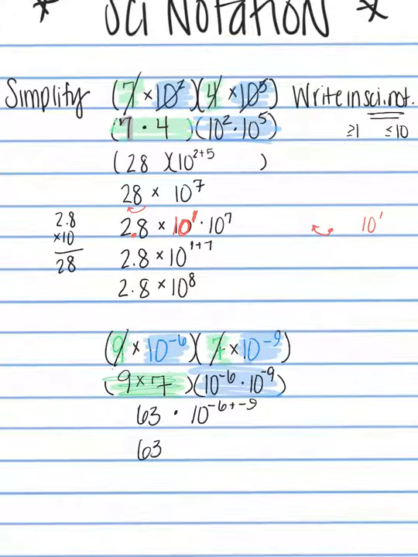Well, 10 to the negative 6 plus the negative 9th is 10 to the negative 15th. But we're not done. I want to write it in scientific notation, and scientific notation has to be between 1 and 10. I've got 63. That's not in between 1 and 10. So I'm going to end up needing to move this guy in again, and based on what I saw last time, when I move a decimal in to make my number smaller, I end up having to multiply by an additional 10.